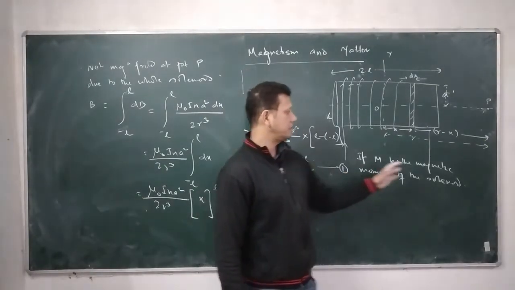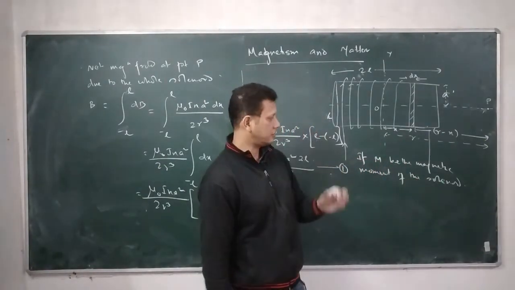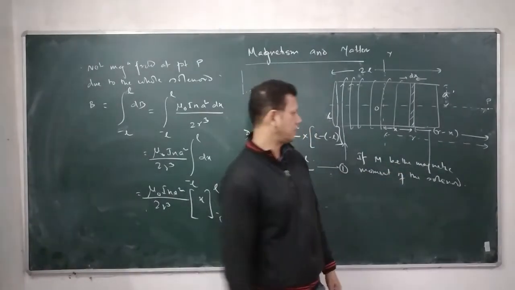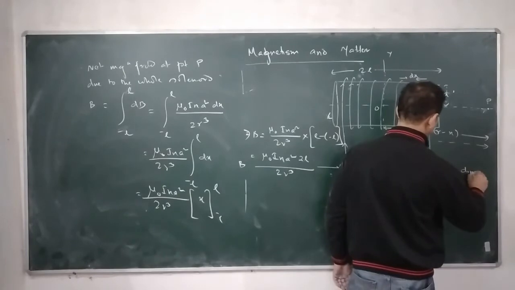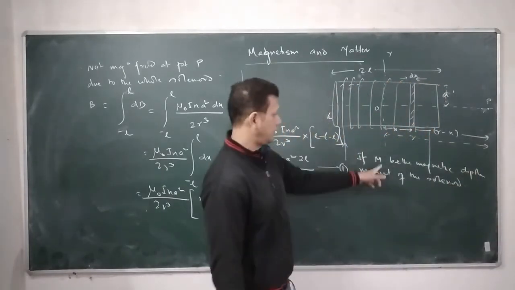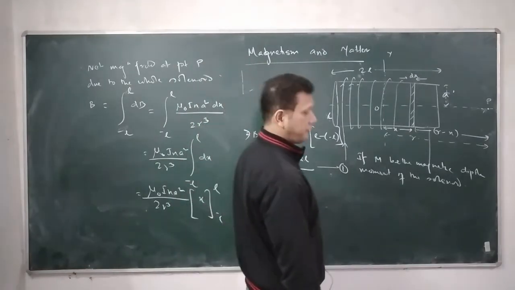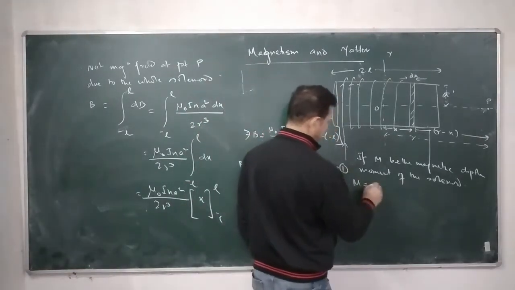For every magnetic dipole there is a vector term known as the magnetic moment, or magnetic dipole moment. The magnetic dipole moment of the solenoid is taken to be M.